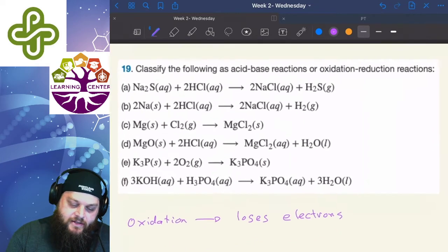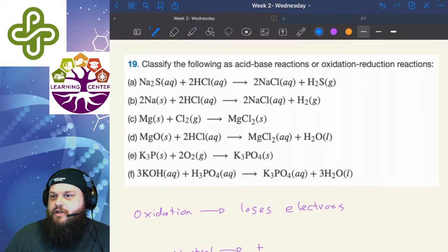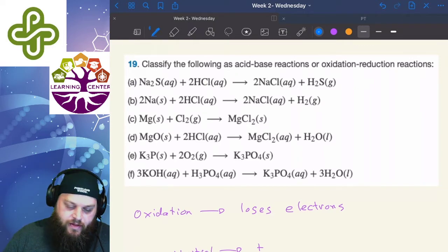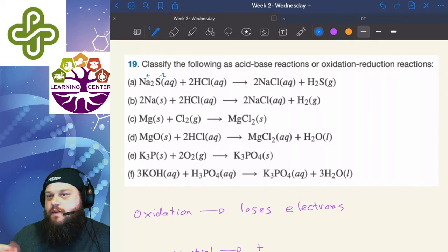Looking at these equations, how I would approach this is just looking at the ionic charges of the different things. If I start writing out the ionic charges for part A, I'd have sulfur, which is a -2, and sodium, which is a +1, but there are 2 sodiums, which balances that, so it's a neutral charge.